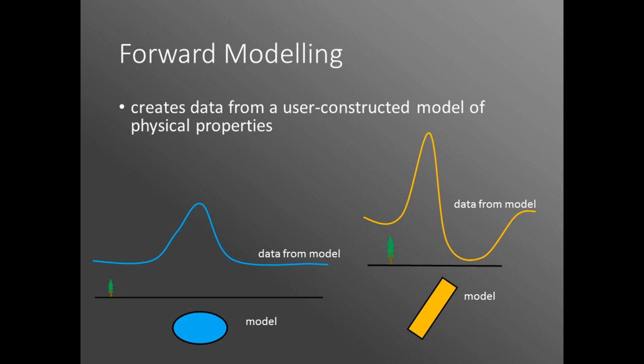I drew a couple of really simple models. I drew this blue ellipse, and it makes this bump in the data. Adam had shown basically real responses. Here, I showed some forward models where different conductive features make different waveforms in the data. And there's a dipping model there. You could have any sort of model, and then you get some sort of data back from it.